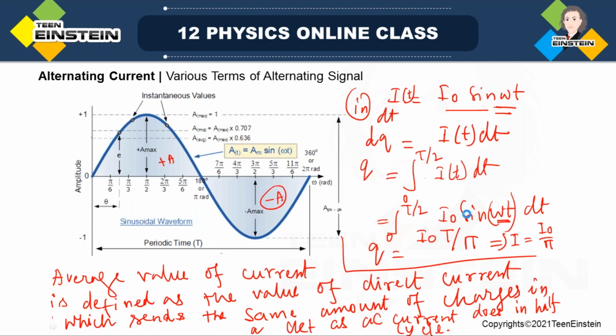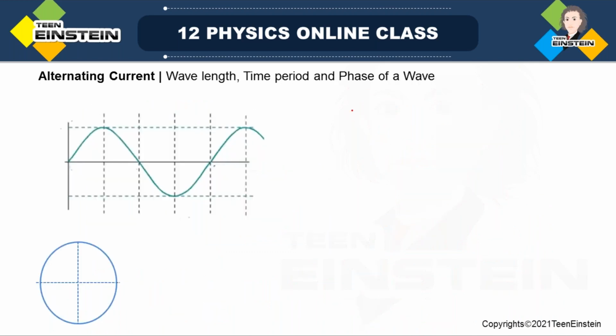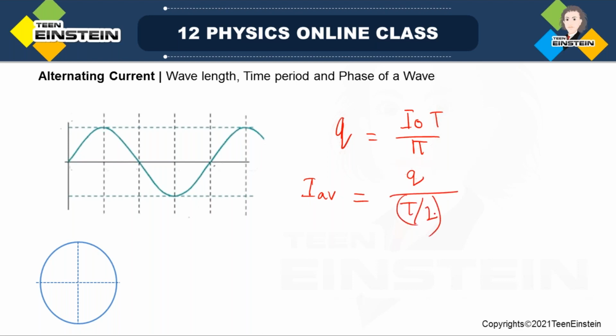So finally, I'll just use this portion also. Let us see. We have got charge is equal to I0 T by pi. This is for half cycle. So if you want to get the current in the half cycle, or average current, you can divide this by 2.